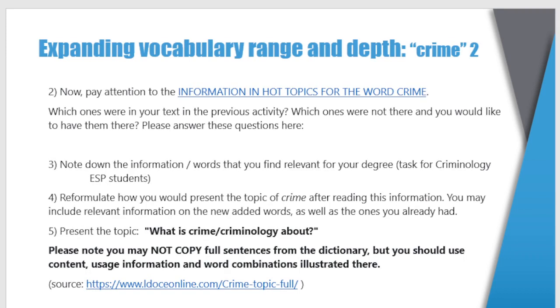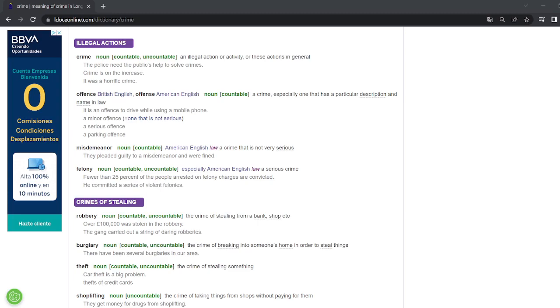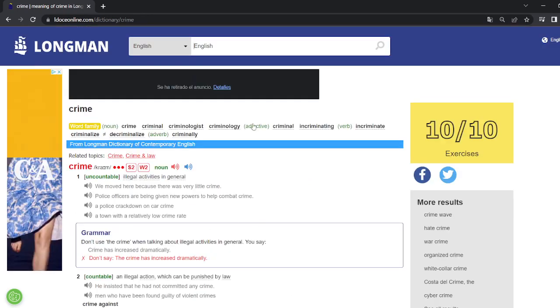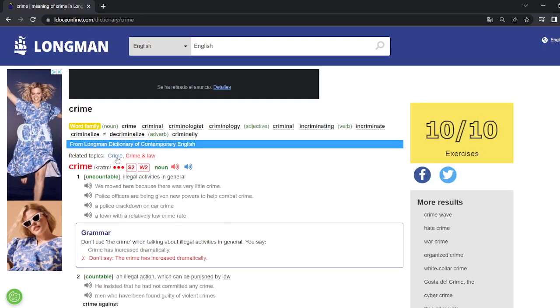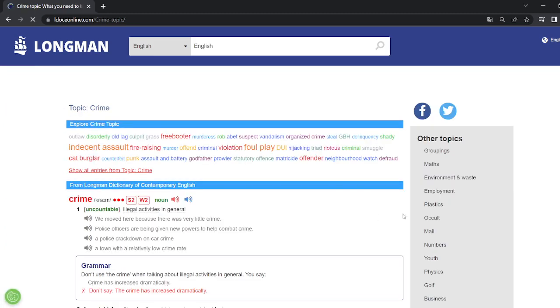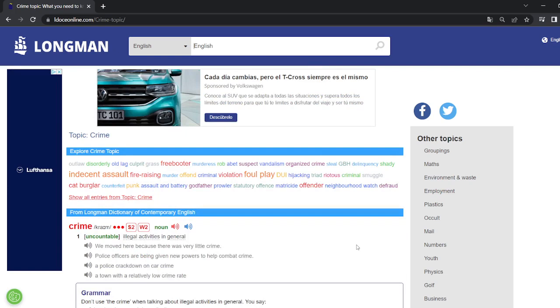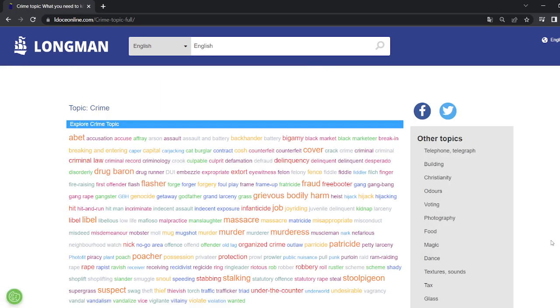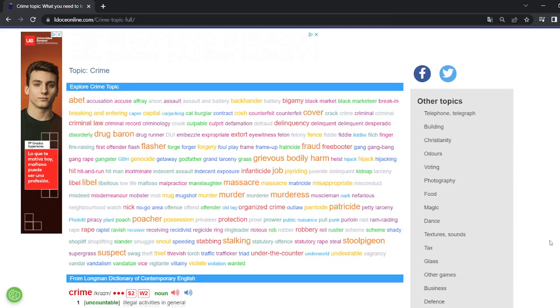Then they are asked to pay attention to the topic of crime in the dictionary, and this is an option that the Longman dictionary has. So when you go to the entry for crime, for example, you can also access the topic entry, which looks like this. What you can find is a word cloud, where you can see many words that are dictionary entries around the topic of crime.